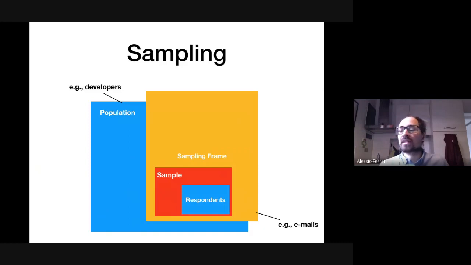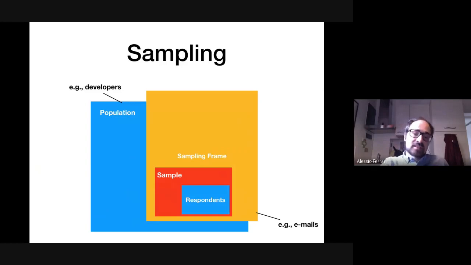I may have multiple email addresses associated to the same user. The sampling frame, so, are the emails that I can get and they are associated to these people.